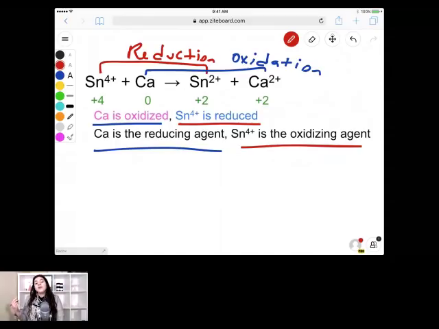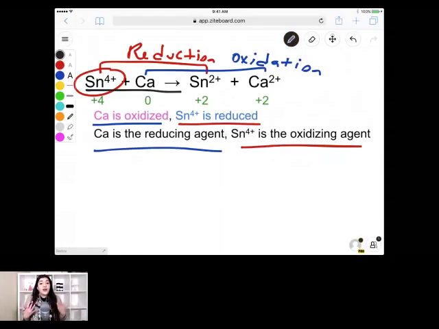And then, by the way, you'll probably notice that I'm only using the reactants part of that reduction or oxidation. So in our case for tin, I didn't use the 2 plus, I used the 4 plus because you're looking at what you're starting with. And remember, everything on the left-hand side, these are your reactants.